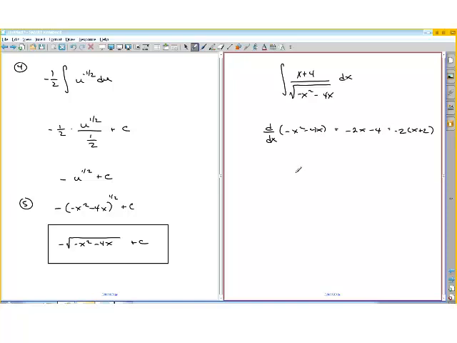So what are we going to do? Well, if we were to factor out a negative sign, let us see what we're doing here.